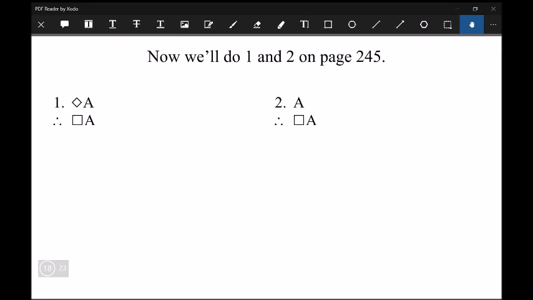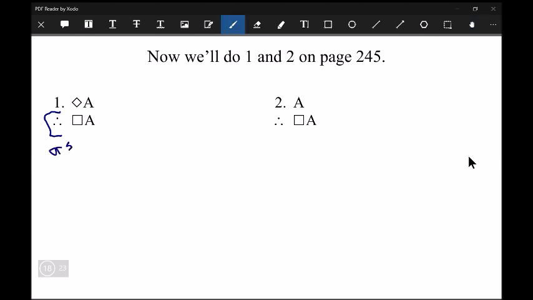Now I want to do two more, then I'll give you a couple to do. These are on page 245 of the book, and they're very simple ones, just to let you get the feel. So: possible A, therefore necessary A, and you know that's not going to be valid.